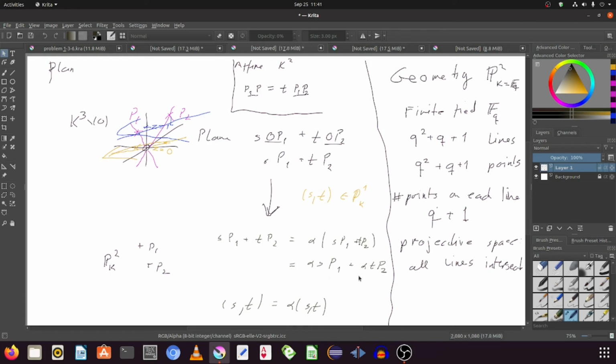This reminds me of something from algebraic geometry. If there's no linear relation between 2 points, let's see.